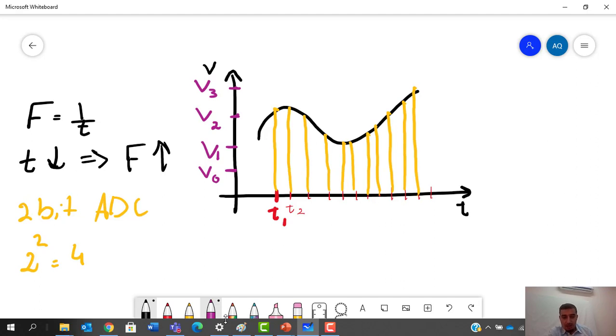Now, what will happen is we start to draw the lines to see how these signals are represented. Just draw like this.